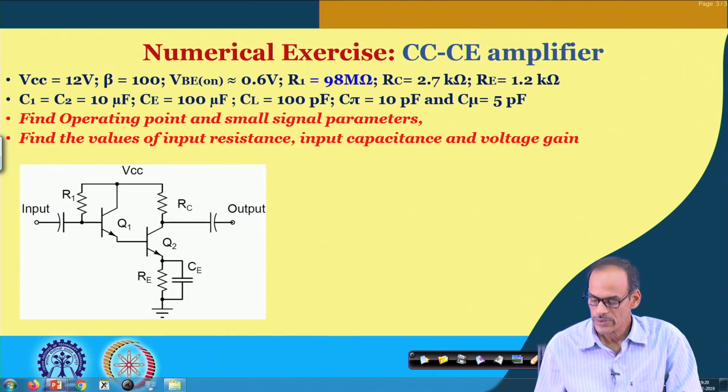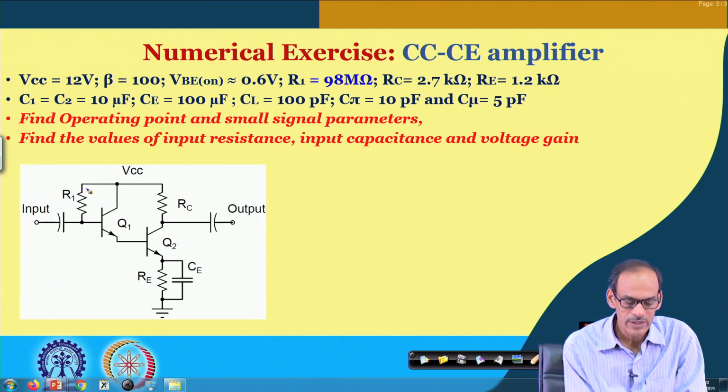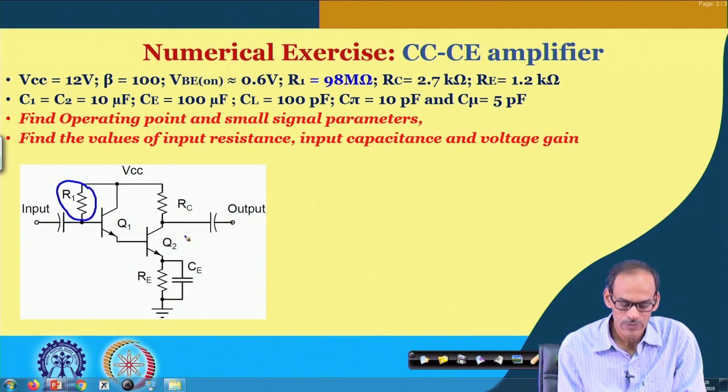Now, for comparison with our previous circuits, we are setting the value of R1 such that the current flowing through Q2 is expected to be 1 milliampere.